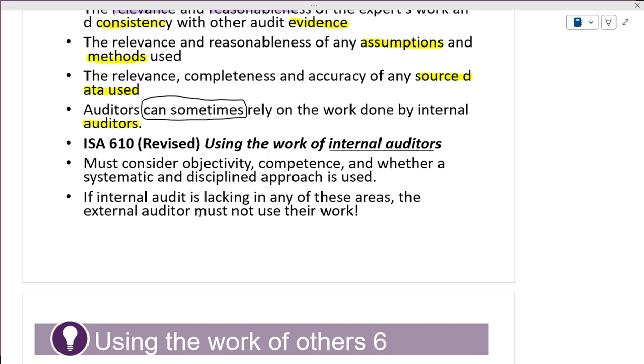We can also take the work of an internal auditor, but subject to conditions. We must consider their objectivity, whether they are competent, whether they are qualified, and whether they are working in a systematic and disciplined approach.